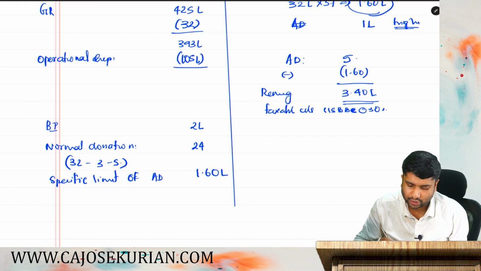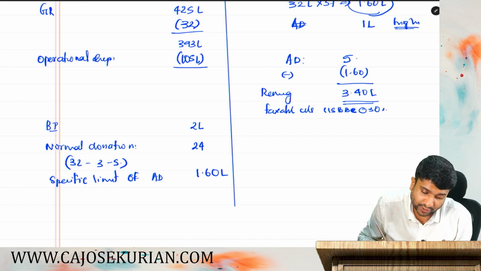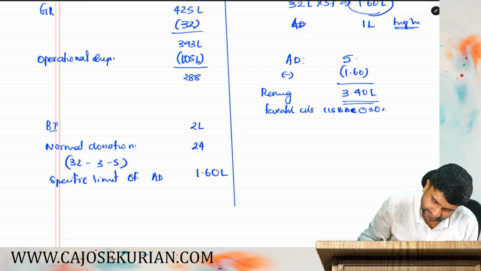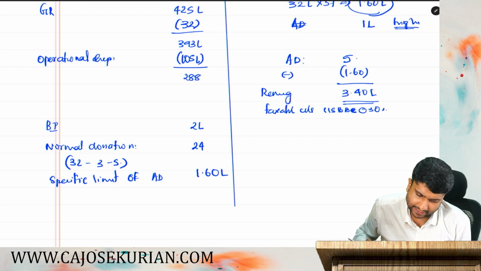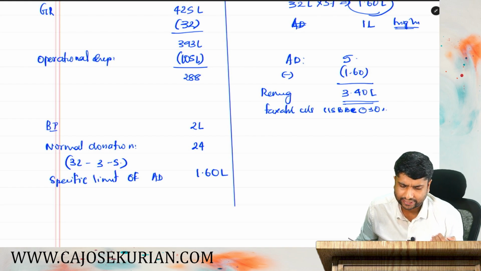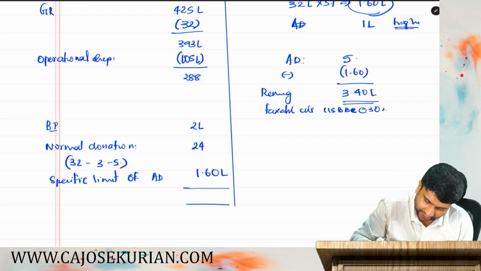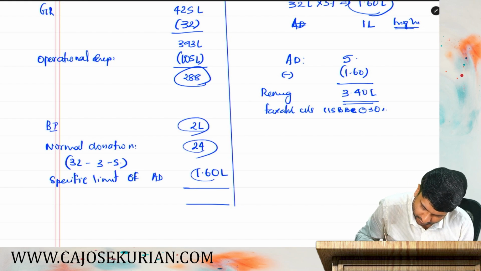Now, how much is 393 minus 105? 288. Then other things are related to the application point. So, can you help me? How much is the gross income, adding 288 plus 2 plus 24 plus 1.6? 315.60 lakh.